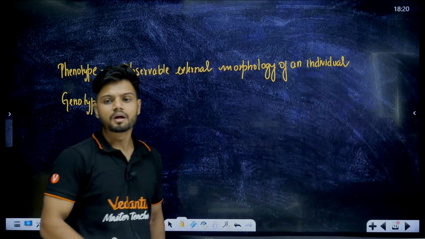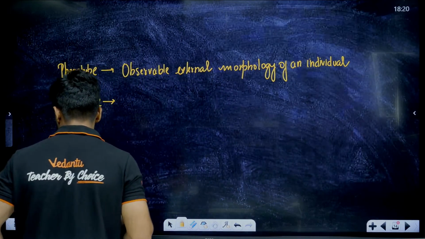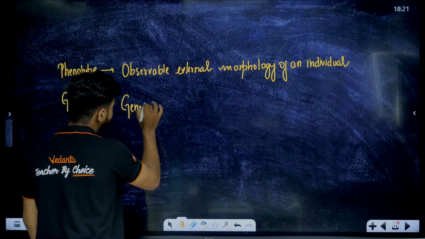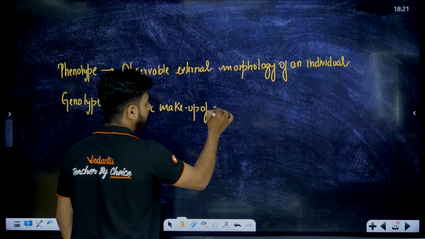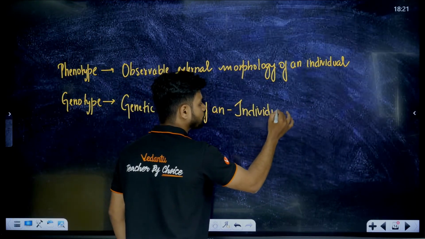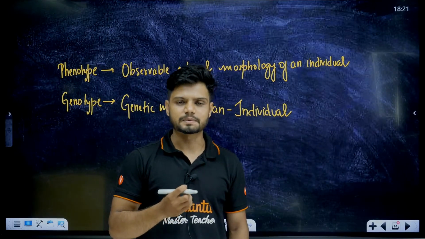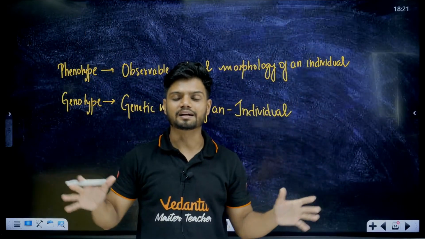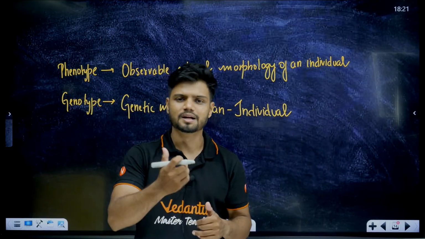How an individual looks from the outside, that is called your phenotype. What is genotype? Genotype is nothing but the genetic makeup of an individual. Then you can ask me, sir, what is genome? Genome is nothing but the entire DNA of a particular human or particular organism.